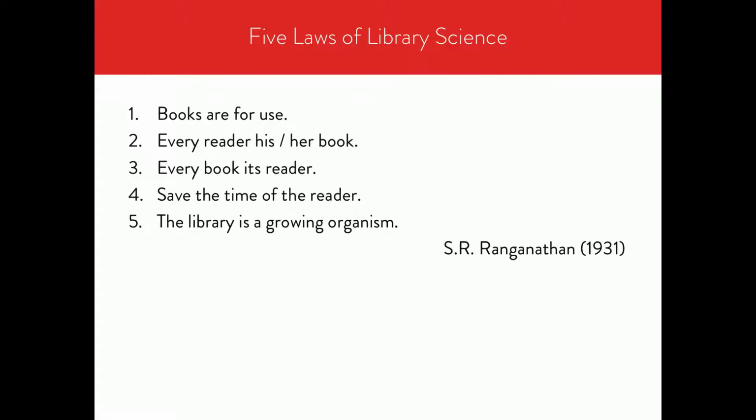Every reader has his or her book. You have a particular set of interests or needs. I have a particular set of interests or needs. They don't necessarily overlap. Every book has its reader. So for everything that an author puts time into crafting, there's some intended audience or audiences. And you need to find the intersection of those for the library to be useful.